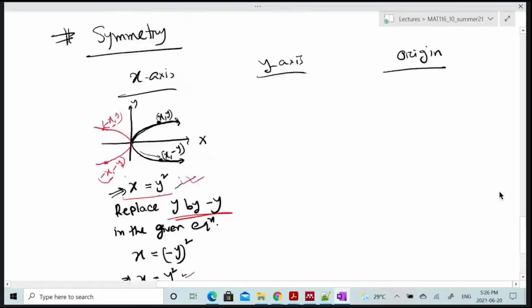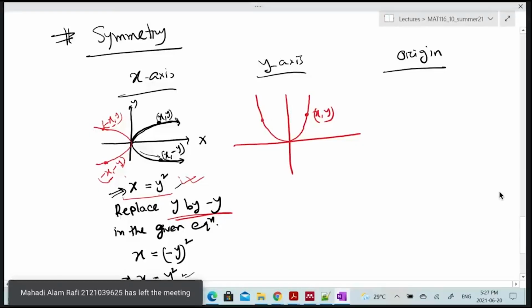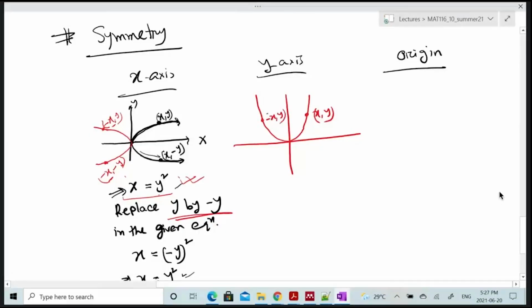Alright. So what about y-axis symmetry? So x will be replaced by minus x. Exactly. So if we have any point x comma y, y is going to be the same because y is not changing, y will stay as it was. If I want the mirror image, the only thing that will change here is that x is going to be replaced by minus x.